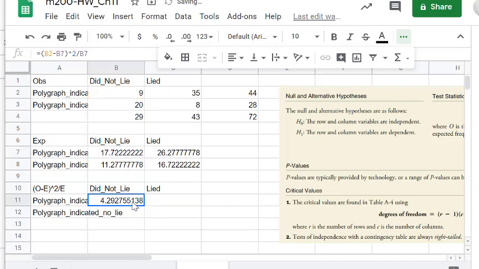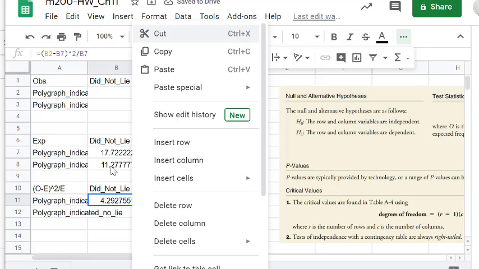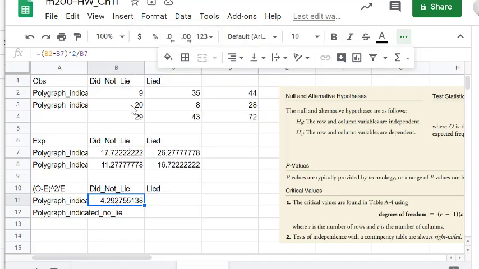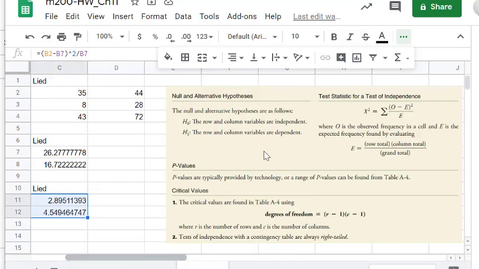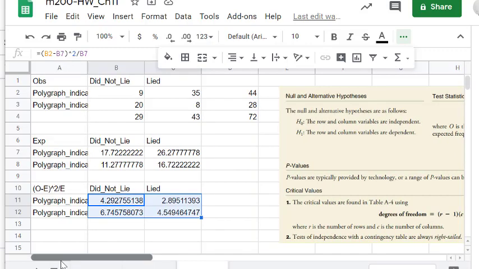Now the nice thing about this is that since we're looking at these values according to the rows and columns, this is the opportunity where we can click and drag, and then now each of these cells in this third table will have these quantities O minus E squared divided by E. And according to our formula, we're going to add up all those values to get our test statistic.